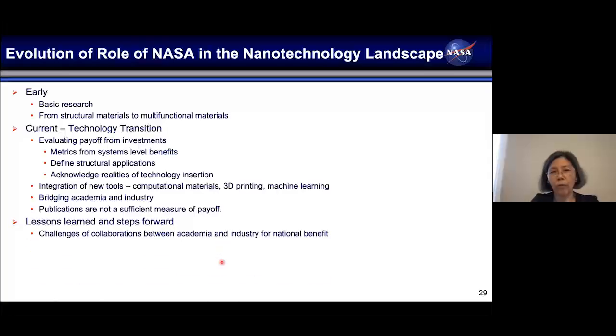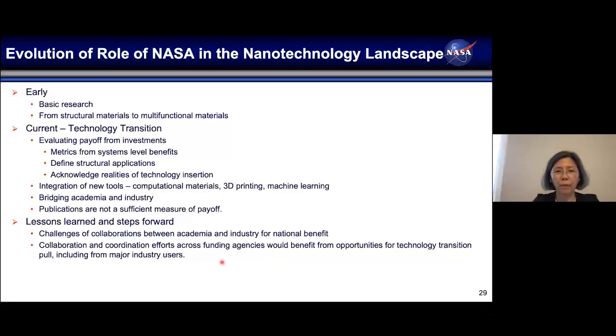And so moving forward, we're continuing to understand the challenges of collaborations between academia and industry as we work together for national benefit and coordinating across other funding agencies so that we can develop this ecosystem, not just on our own, and not just sequentially like we normally do, but in parallel to accelerate that.